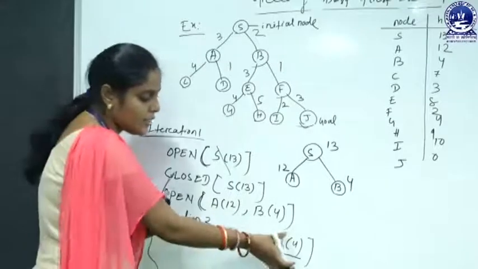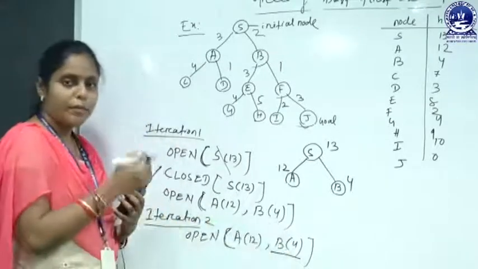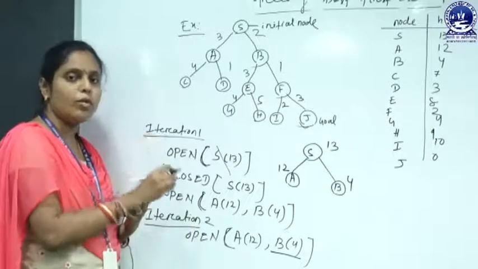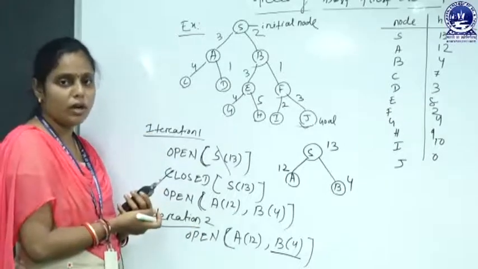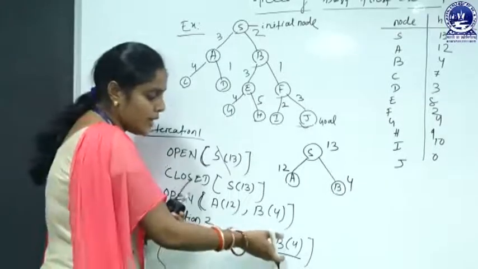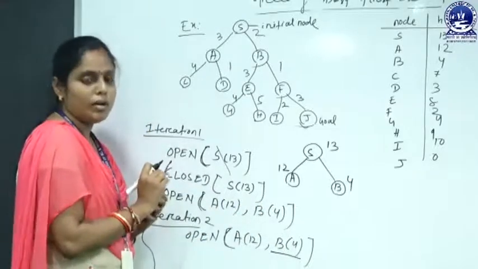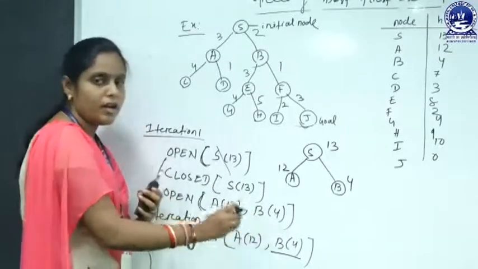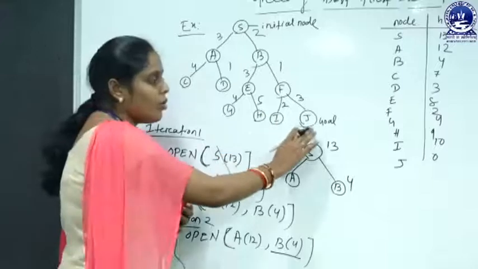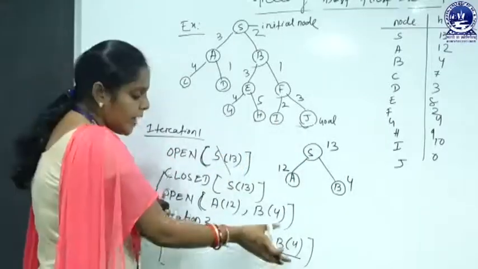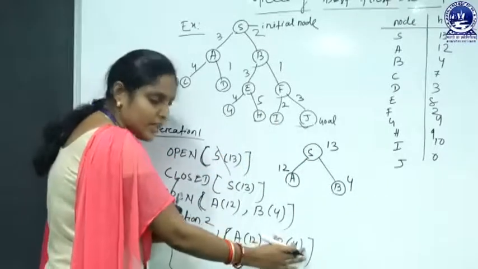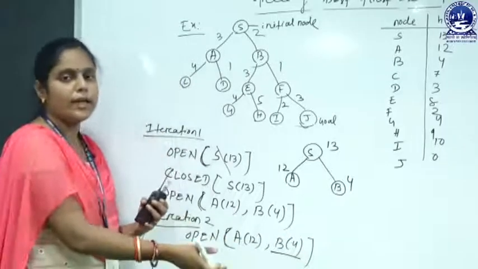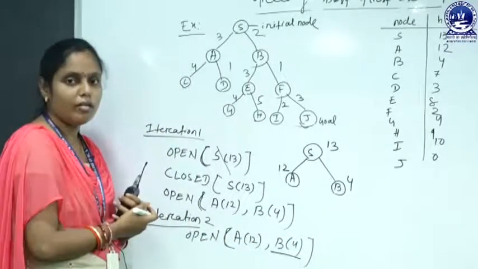Now here we select this node B. After selecting node B, you check whether this node is a goal node or not. Here node B is not a goal node because our goal node is the node J. That means here we remove this node B from our open list and place it in your closed list.